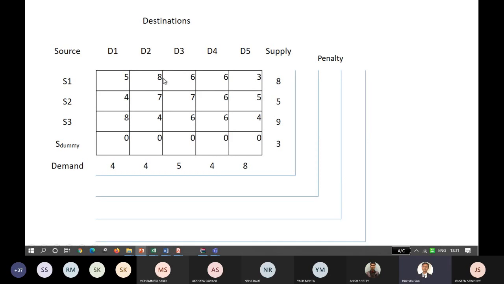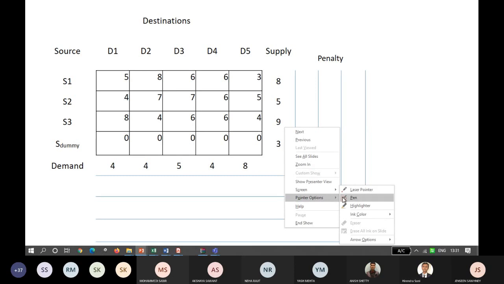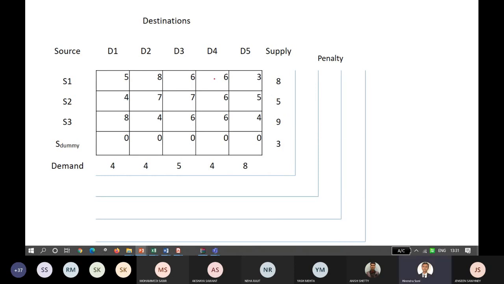So first row, penalty. First row penalty would be 2. Second row, it would be 1. Third row, it is 0. Fourth row, it would be 0. First column, it is 4: 0 and 4, so penalty would be 4.